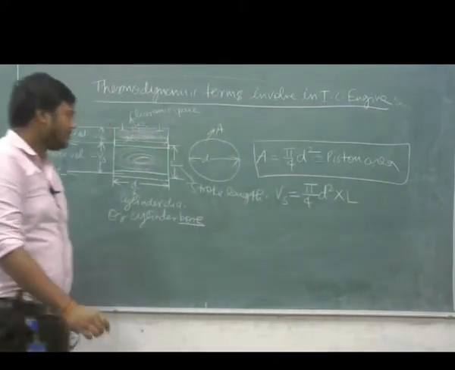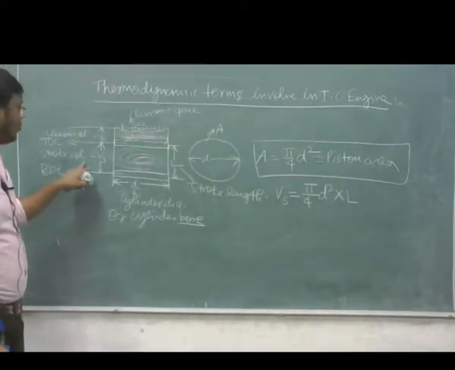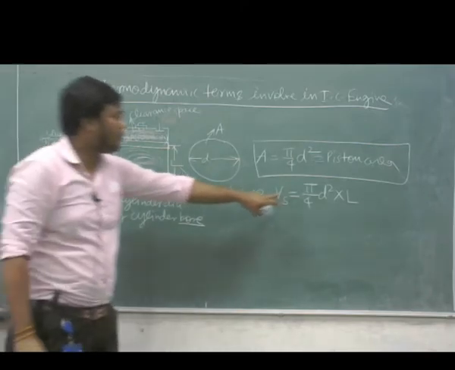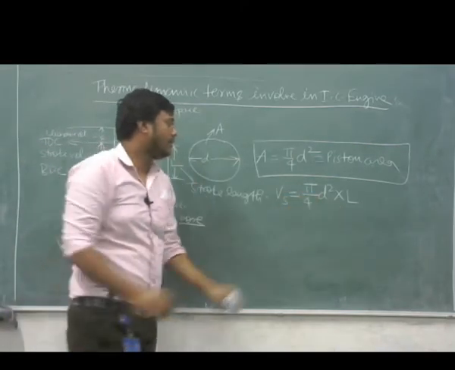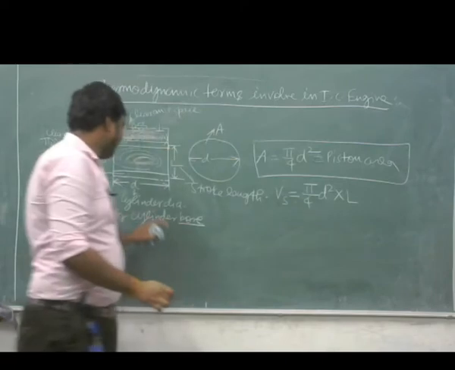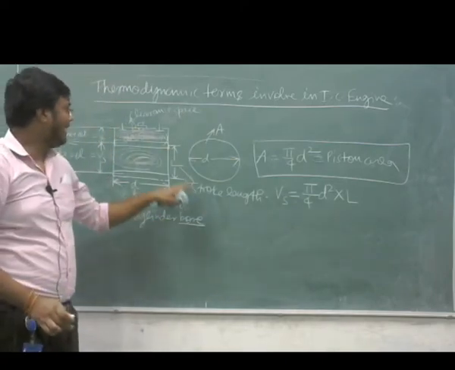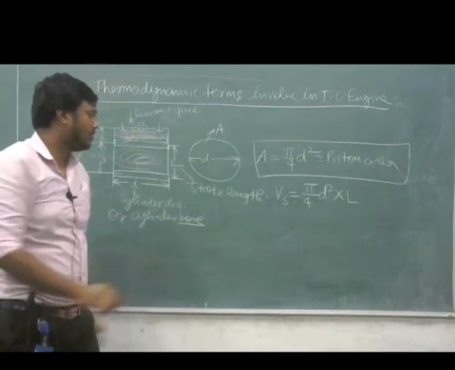So stroke volume Vs is equal to pi by 4 d square L, where d is the cylinder diameter, or cylinder bore, and capital L is the stroke length.